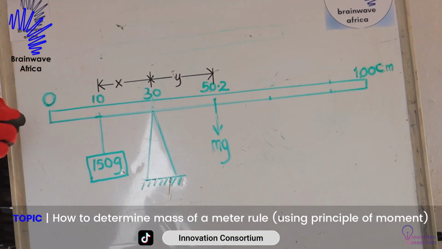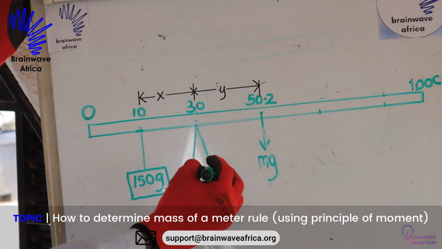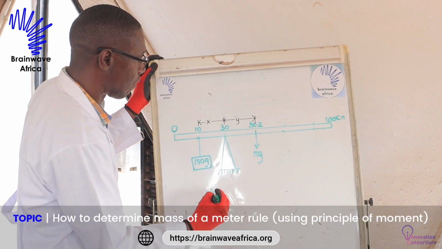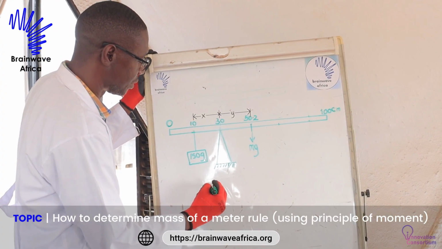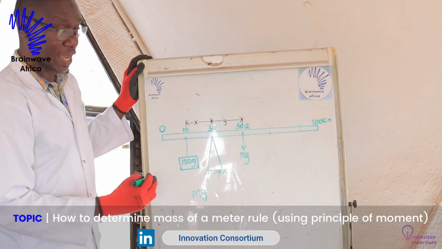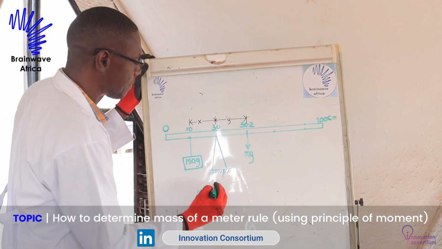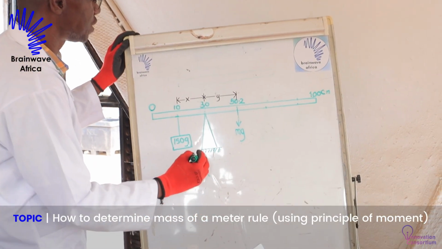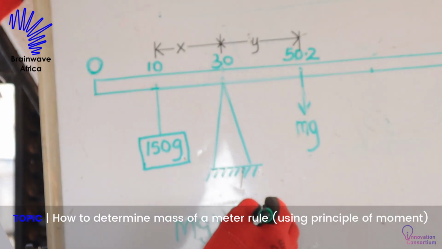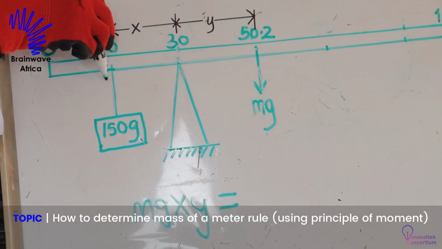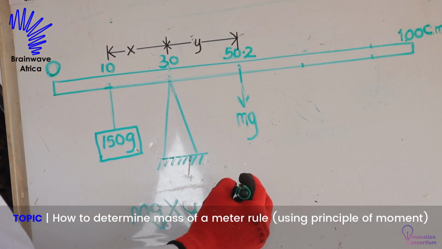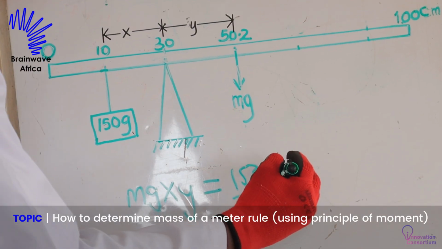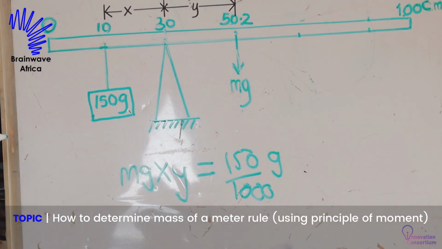So we are going to have the mass of the meter rule times g, which now becomes the weight, times the perpendicular distance of the line of action of the weight from the turning point, which is Y. This should equal the weight of the known masses, which will be 150 over 1000 g, where g now is acceleration due to gravity.